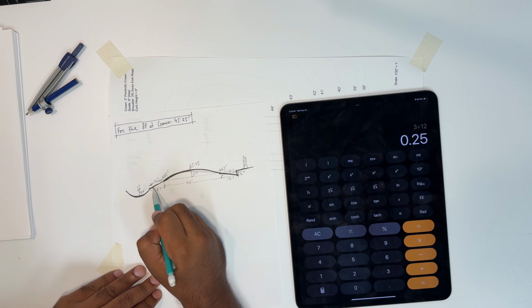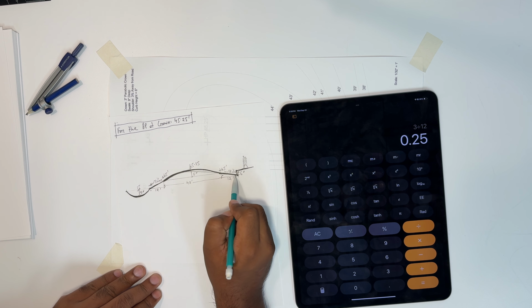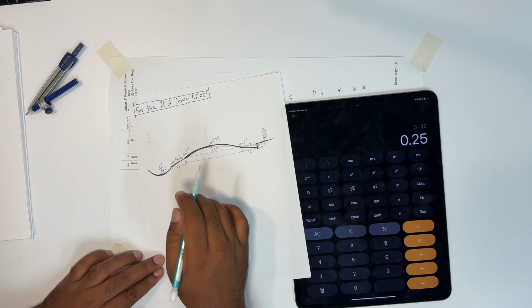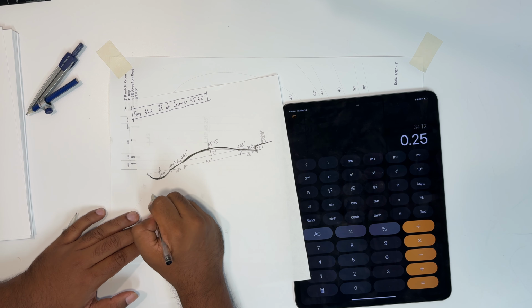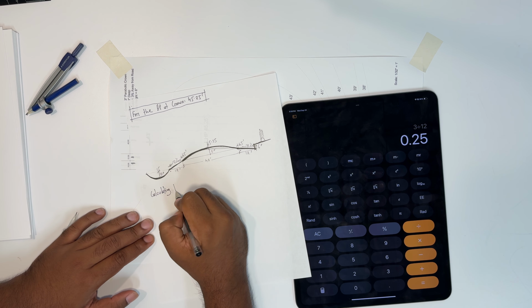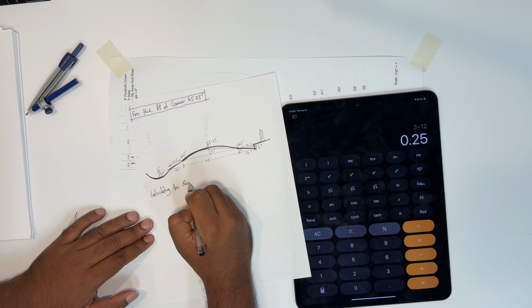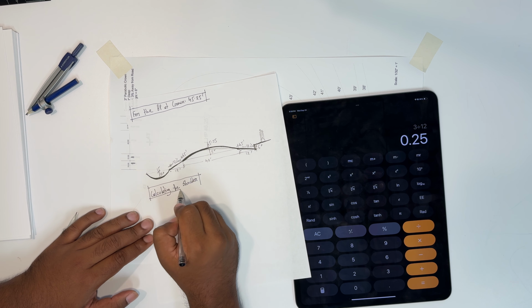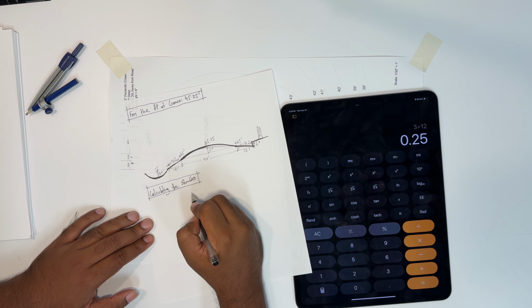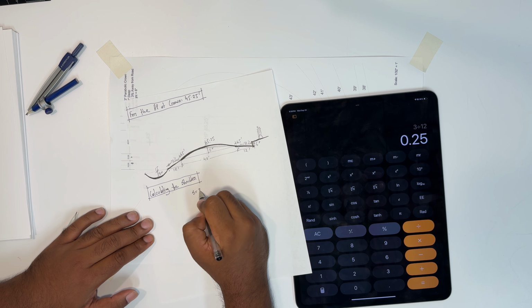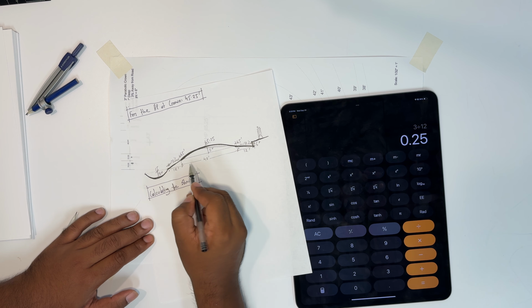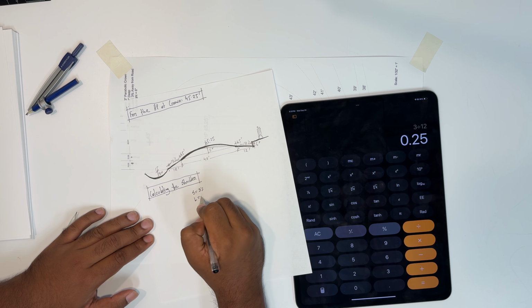Now we said shoulders are going 3% down both ways. So let's try to calculate for that. For the shoulder, S is 3%. L is the width of the shoulder, which is 12 feet.